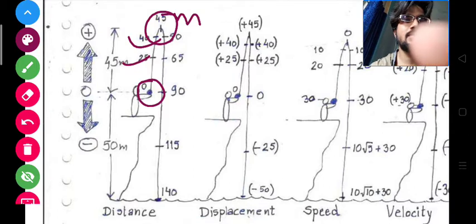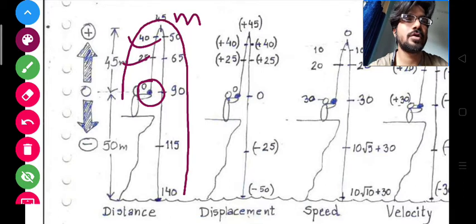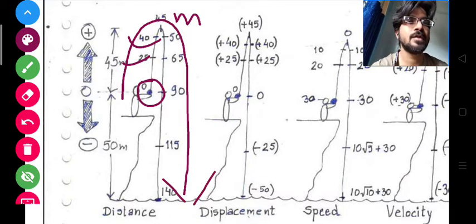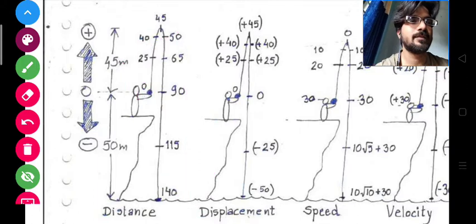When it retraces its path, it further adds to its distance. So the distance is the total path covered by the body. The total distance will be the addition of all these distances covered.